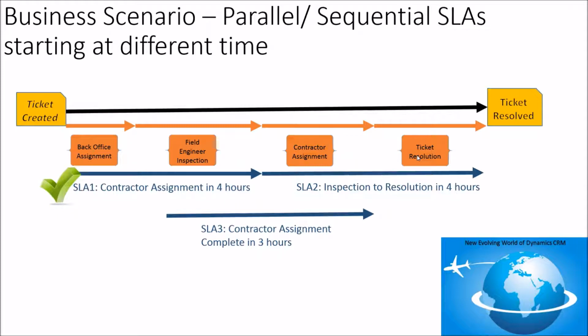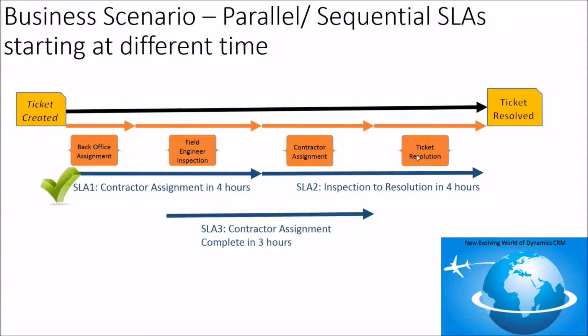You might recommend, okay, why don't I create one created on based and one modified on based, or three different SLAs with three different modified on conditions. Well, you can do that, but keep in mind at one point of time only one SLA will be applicable, whether you use the default mechanism to apply it or entitlement.